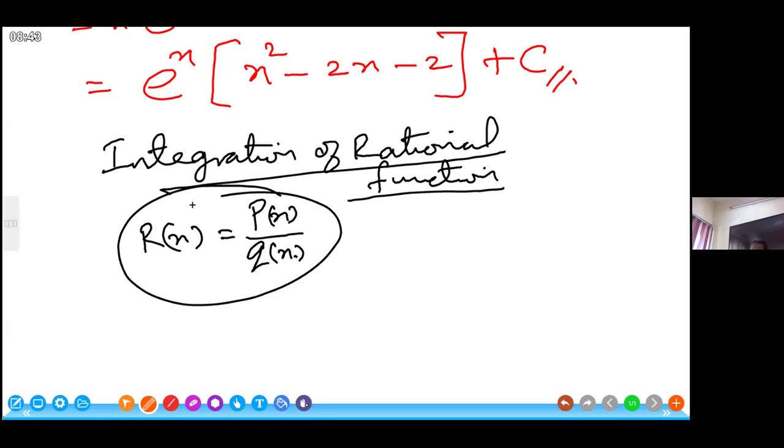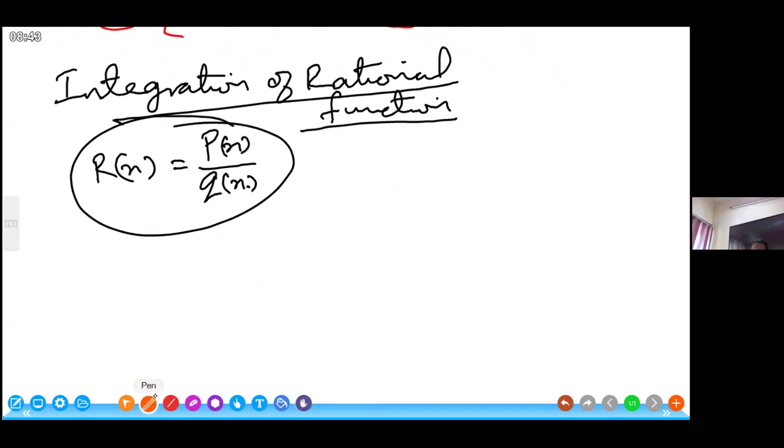We have seen some rational functions earlier, which can be solved very easily. For example, integration of x by x plus 1.